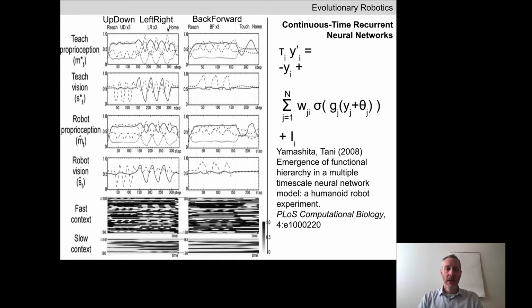Okay. They then took that evolved robot and they input the first goal signal, then the second goal signal, then the third goal signal, and then the fourth goal signal, and lo and behold, the robot reached up and down 3 times, left and righted 3 times, and then went home.